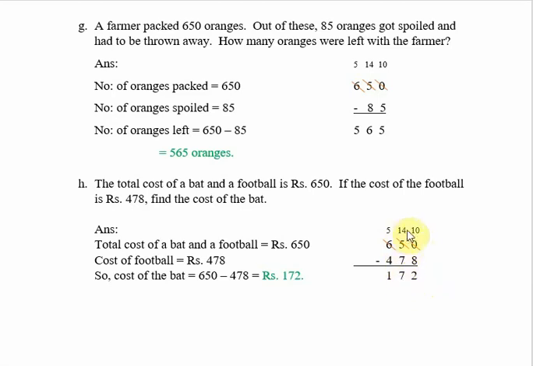So, we will borrow 1 from the hundreds place to make this 14 tens, and this 6 hundreds will become 5 hundreds. So, 14 minus 7 is 7, and moving on to the hundreds place, 5 minus 4 you will get 1. So, what is the cost of the bat? The cost of the bat is rupees 172.